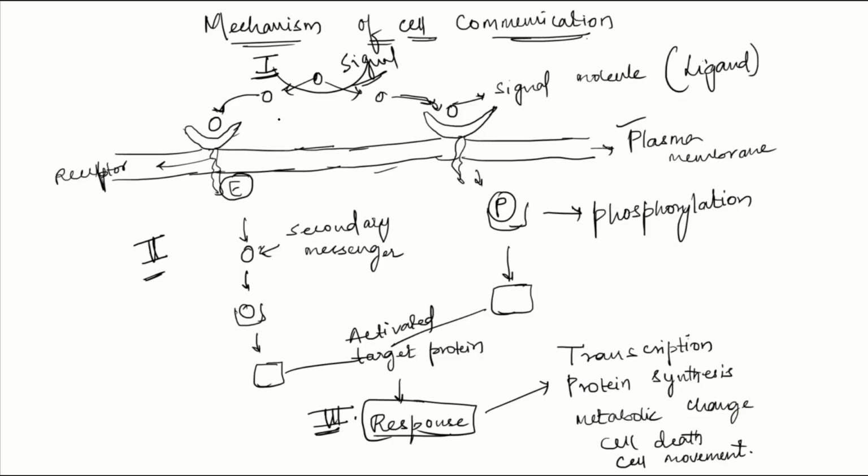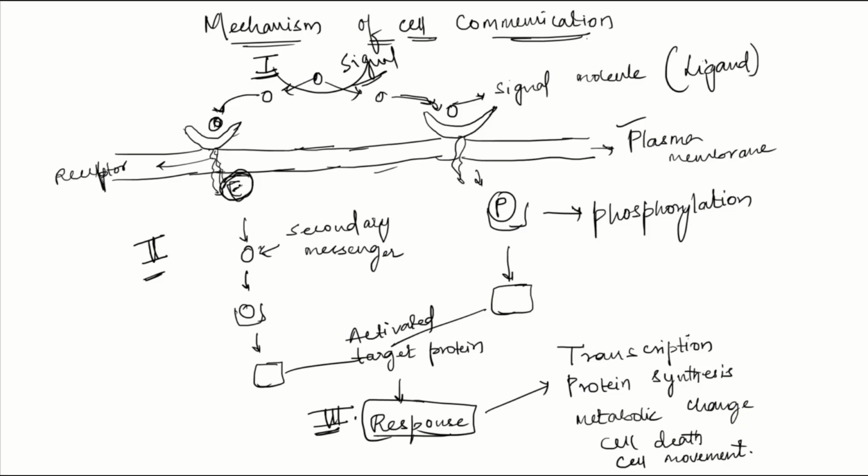When the signal molecule attaches to the receptor, onto the inner side of the cell there is an effector protein attached to the receptor.